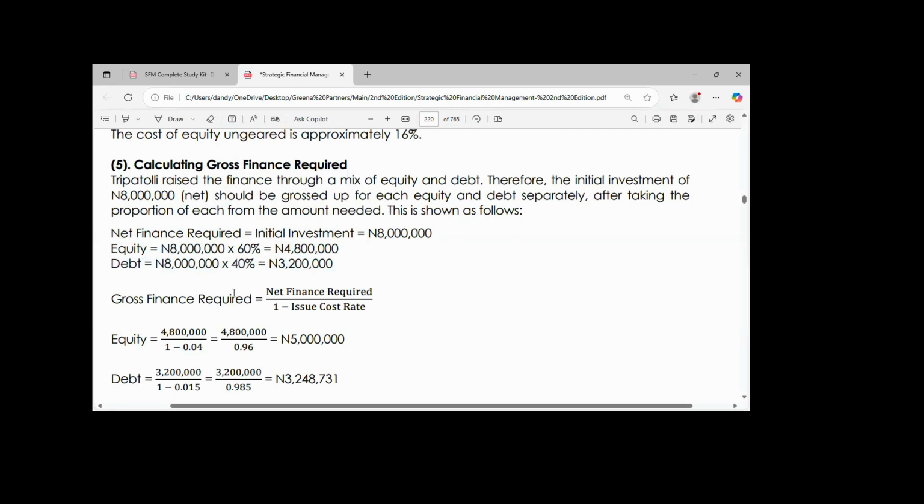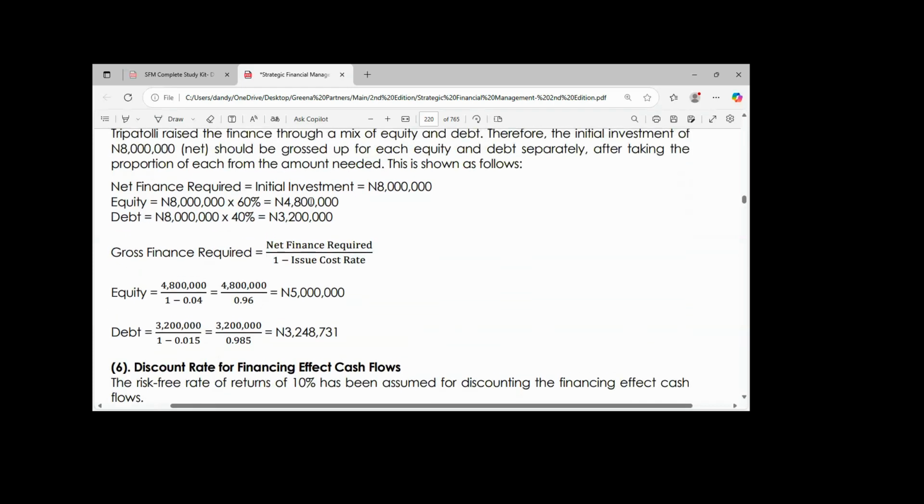So to now get the gross finance required, you know the formula. You are going to do it separately for equity and debt. The net finance required for equity is 4.8. The issue cost rate of equity is 4%. Therefore, 4.8 divided by 0.96 will give us 5 million naira gross. You do the same thing for the debt.